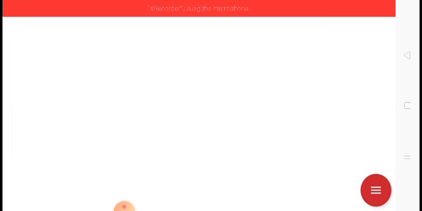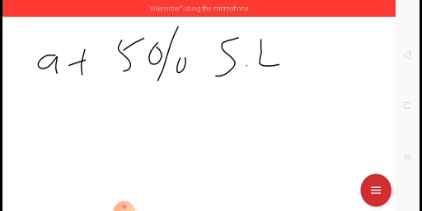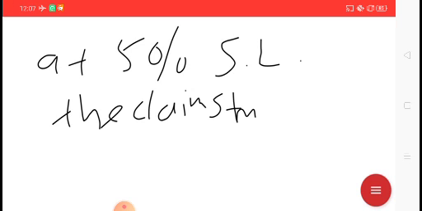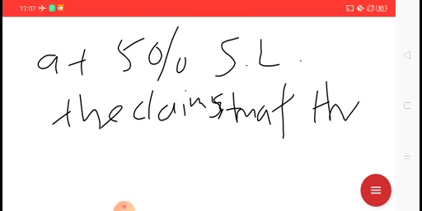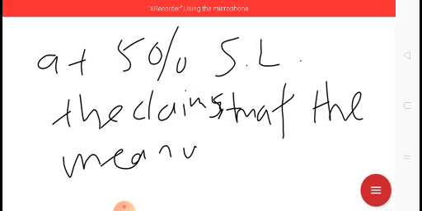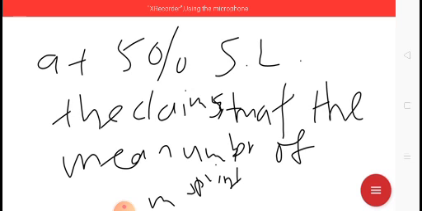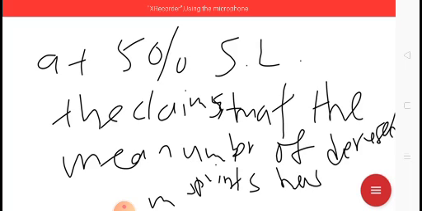The final statement is, so you can say at 5% significance level, the claim that the mean number of misprints has decreased is not supported.